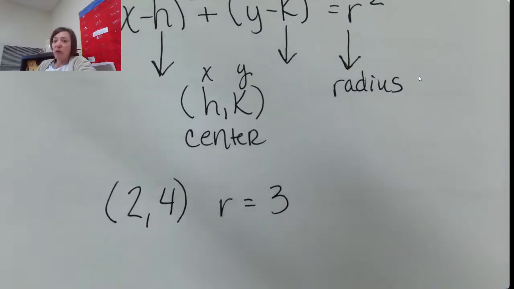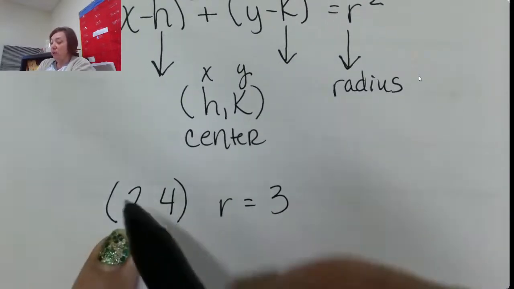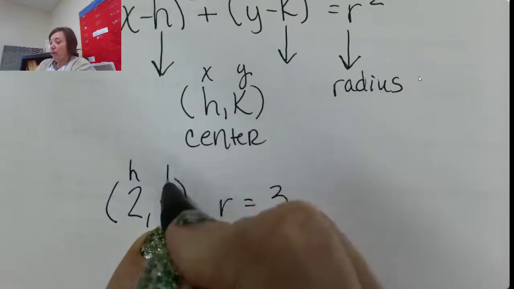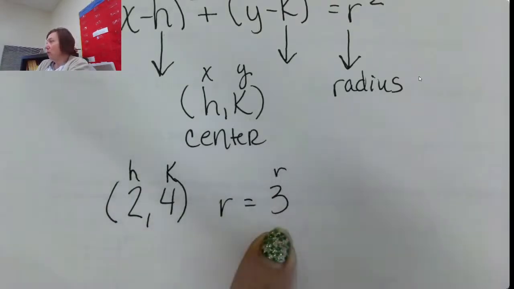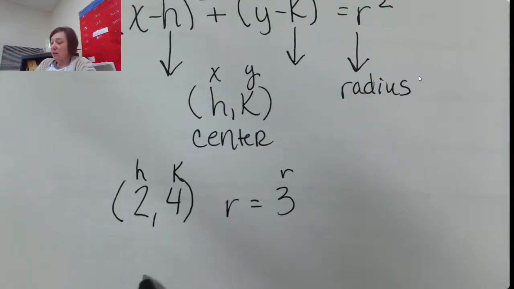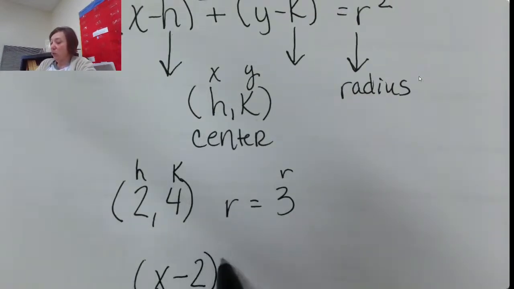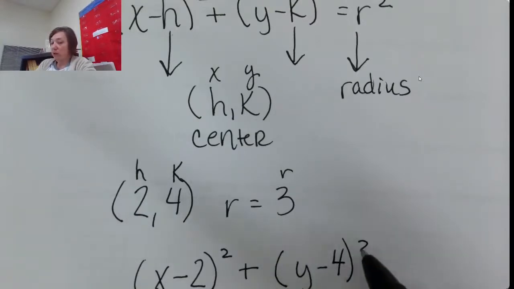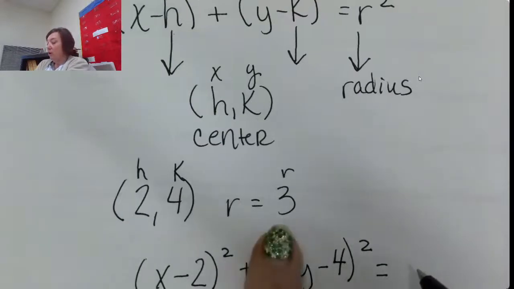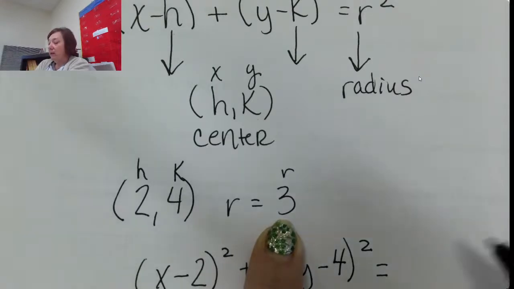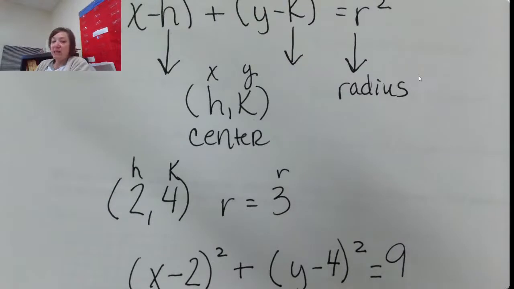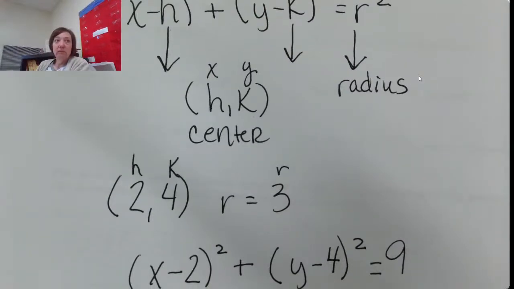So to write the equation of the circle, you just plug this 2 in for H, this 4 in for K, and this 3 in for R. So your equation is (x minus 2) squared plus (y minus 4) squared equals, and then over here you put 3 to the power of 2, which is what? 9. So you could just put 9. And that's the equation of your circle. That's literally it.